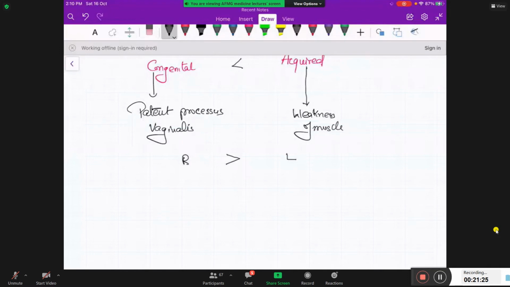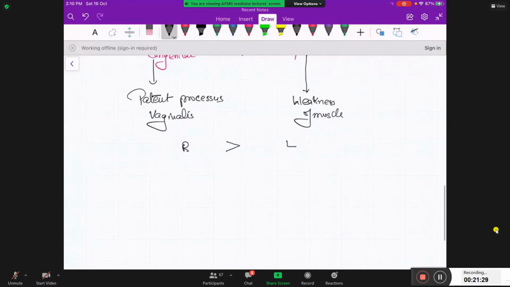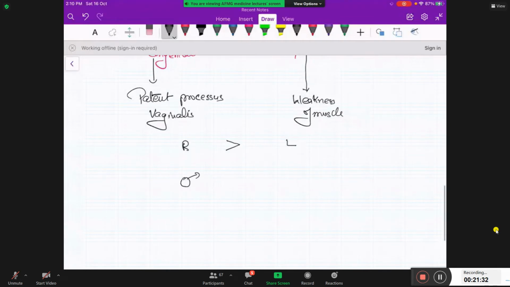So right-sided inguinal hernia is more common than the left. Then inguinal hernia can be there in males, can be there in females. More common in males.